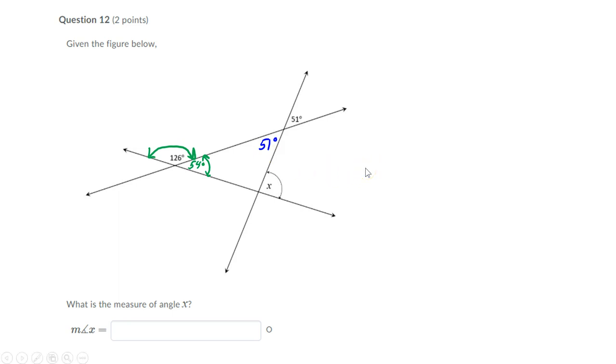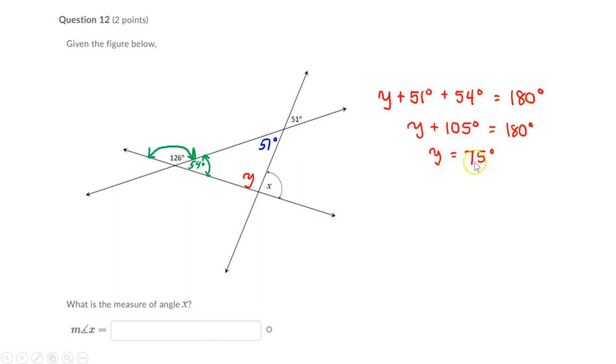But if you don't know that rule, you can still realize, well, the 3 angles of a triangle should total 180. And if I call this angle, say, y, then y plus 51 plus 54 should be 180 degrees, which means that y should be 75 degrees.